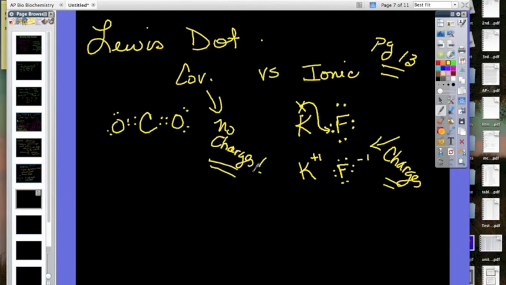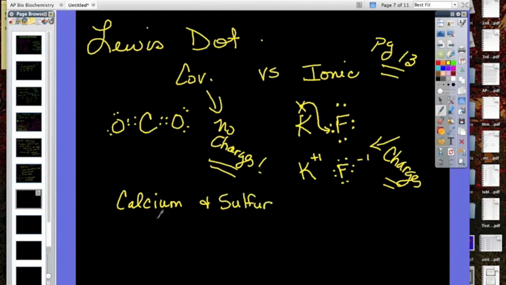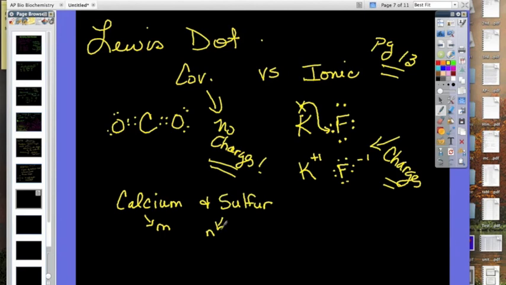And then what if you had 2 more things? If you had 2 different elements, you need to be able to tell me what type of bond you would form. So if I had calcium and sulfur, you look on the periodic table, this is a metal, this is a nonmetal, so metal plus a nonmetal is ionic.